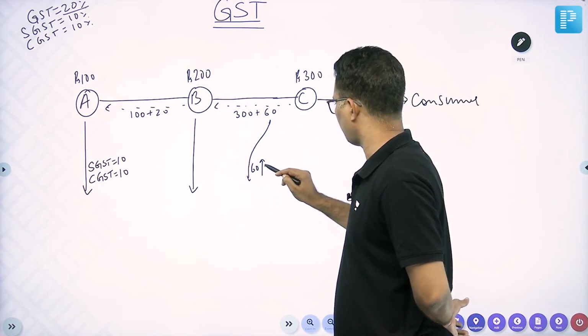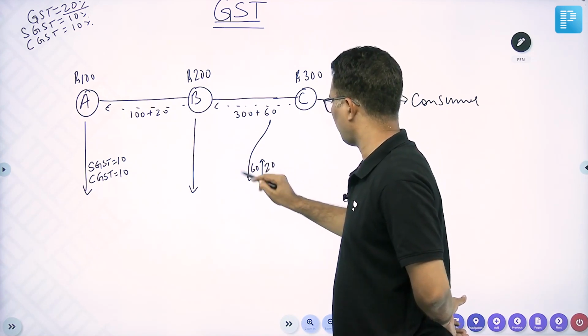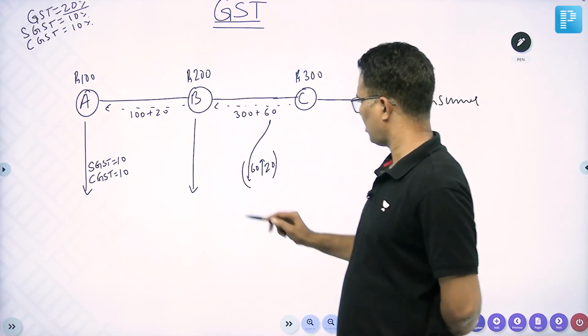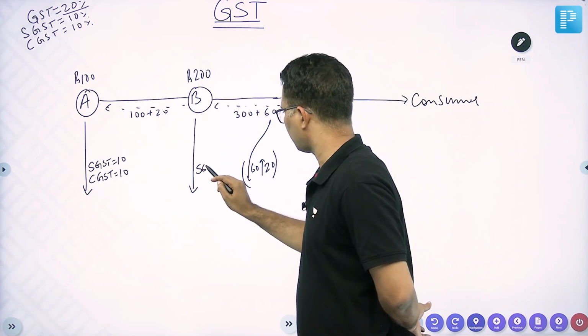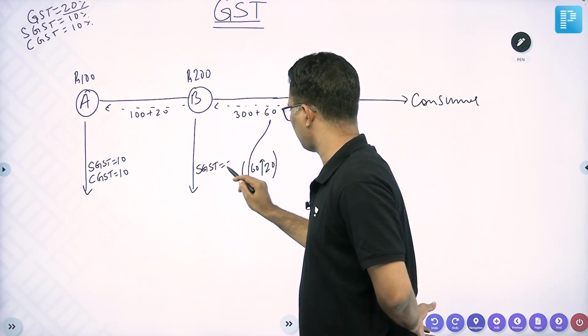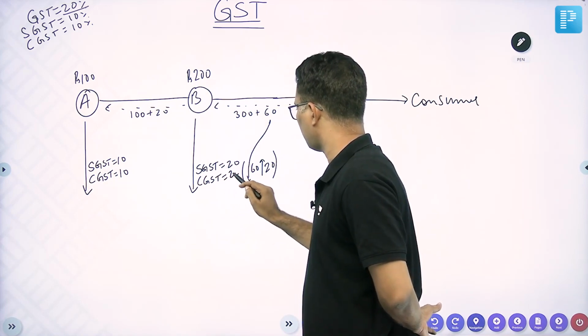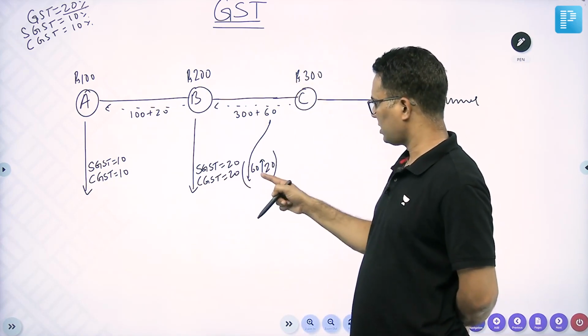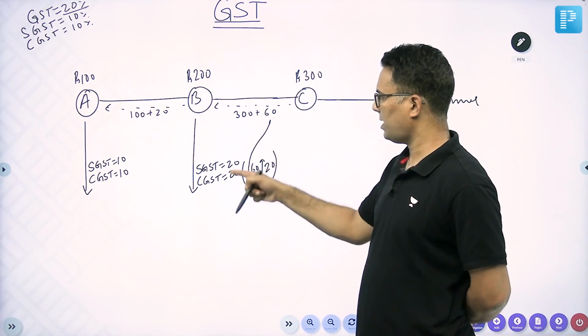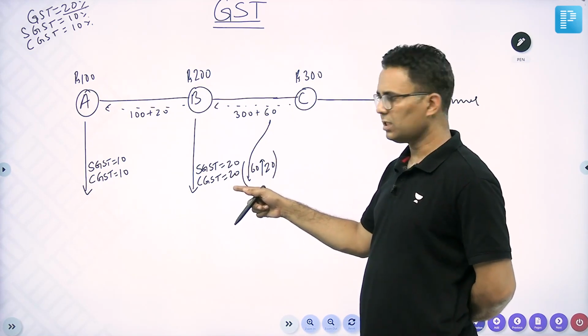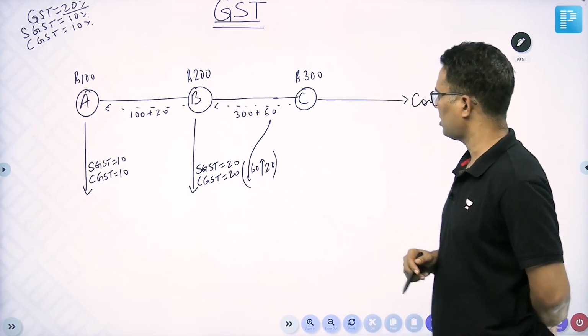So SGST 20, CGST 20. B deposited 60 and got 20 back, so ultimately B paid 40 rupees GST, SGST 20, CGST 20.